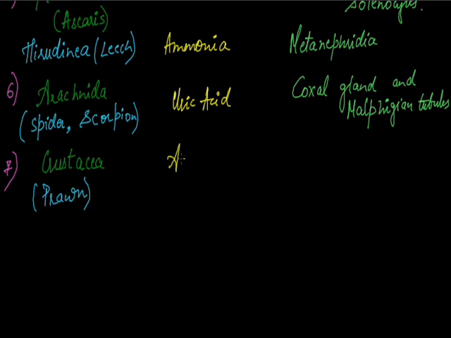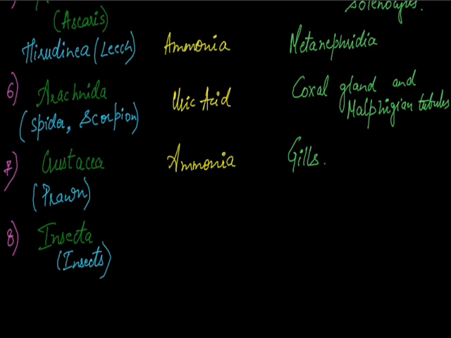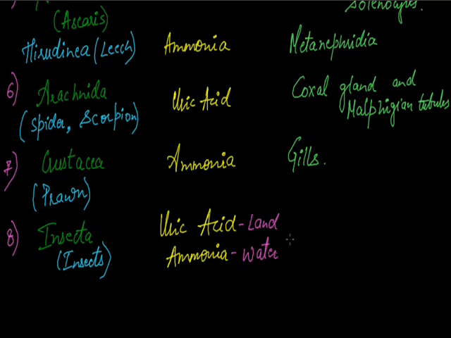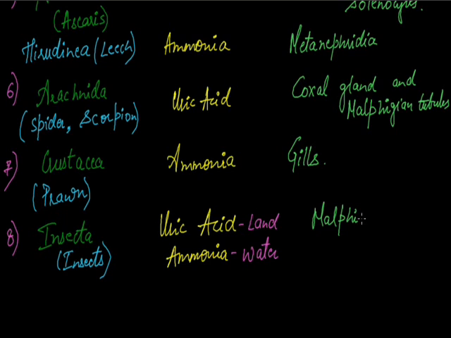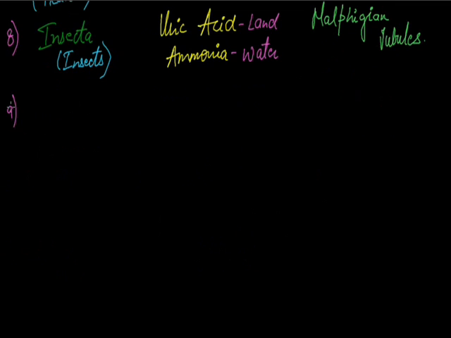They secrete ammonia through the gills. Next is insecta, the large group in which mainly come the insects. They mainly release uric acid on land and ammonia in water through the special structure called Malpighian tubules.